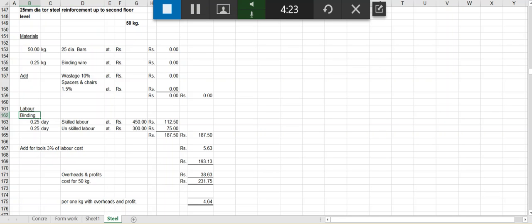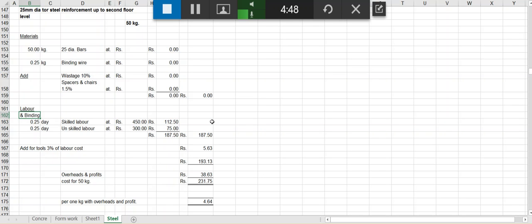So this is only for the 50 kg. So cutting, bending, handling, and binding are included for this work item. No need to add them separately.